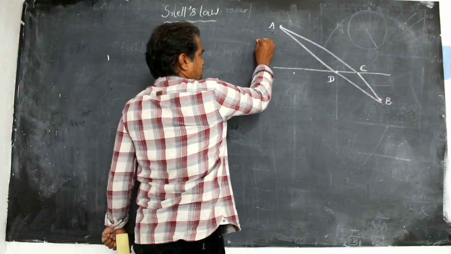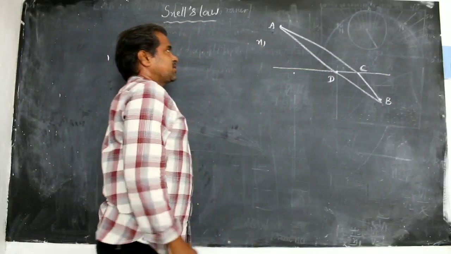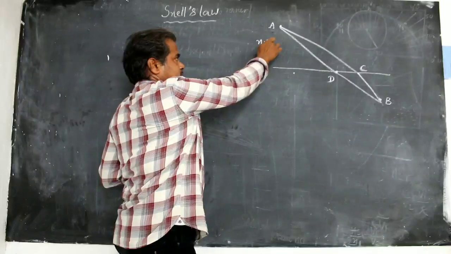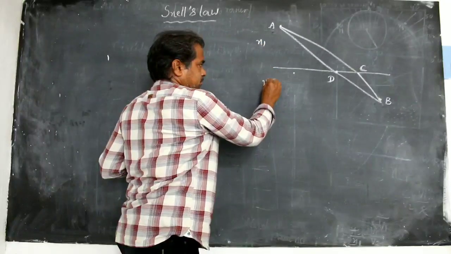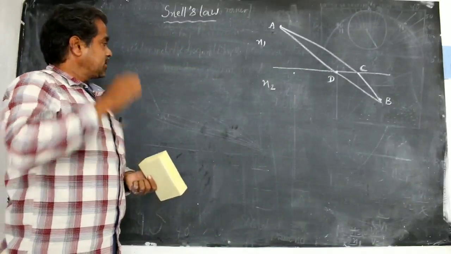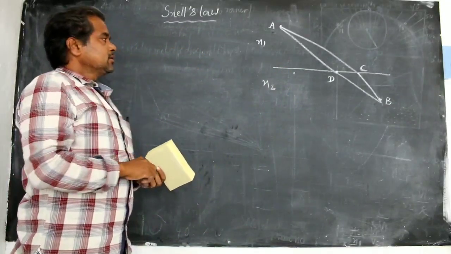So this is one medium. The refractive index of this transparent medium is N1. This is water, so the refractive index of the water is treated as N2.